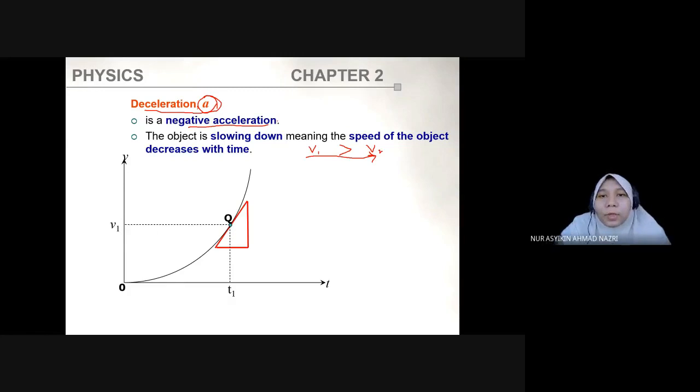So contoh kita ada 25 tadi. So this is your initial. So 0 minus 25 over berapa minit? 5 second contoh. Kita dapat negatif kan?